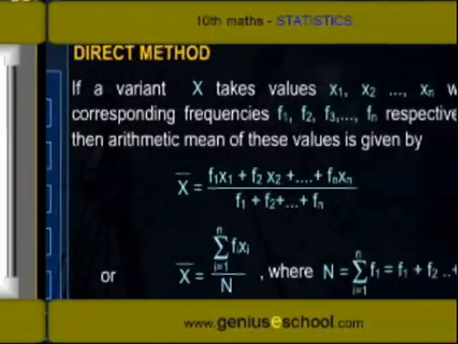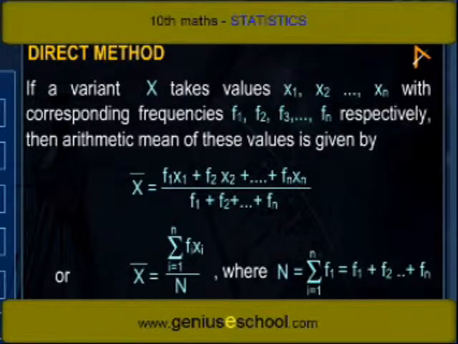Variate x takes values x1, x2, so on to xn with corresponding frequencies f1, f2, f3, so on to fn respectively.